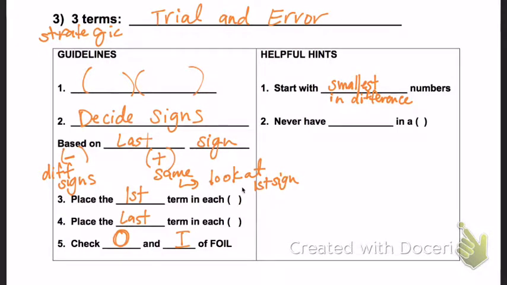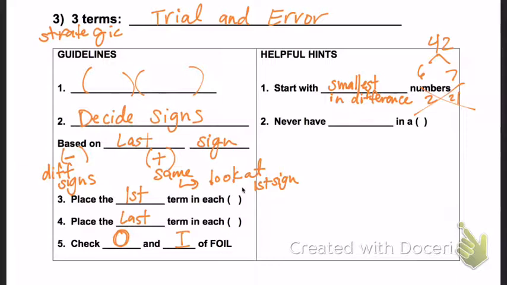Let's say you had 42 and you needed two numbers that multiplied together to get 42. You would probably choose 6 and 7 as opposed to 2 and 21. Does that make sense? You want to choose numbers that are closer together, because those tend to work out more often than 1 and 42 or 2 and 21.